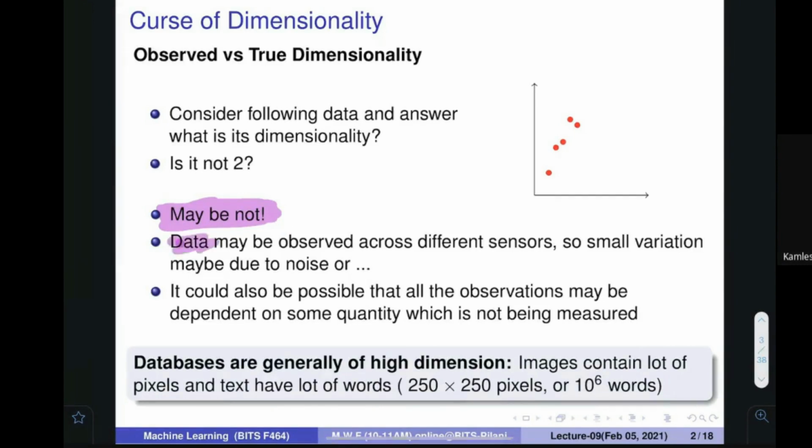The data may be observed across different sensors, so the small variation could be due to noise, and you may think that contributes to the dimensionality.